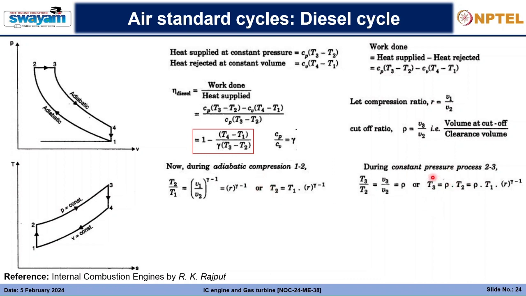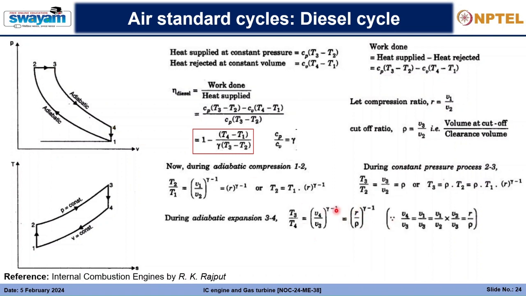So T2 and T3 we got, and we need T4 and T1. For adiabatic expansion 3 to 4, we take V4 by V3 and reduce it like this.